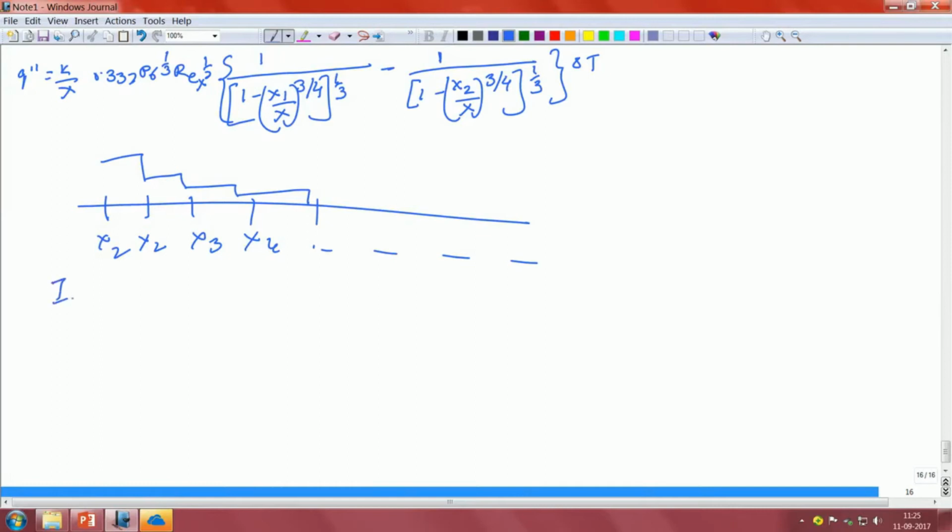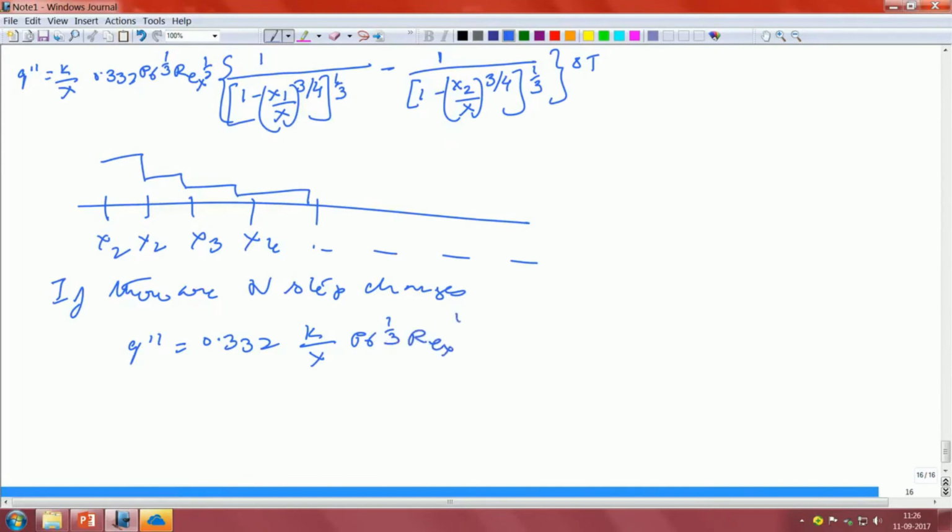So if there are n step changes, it becomes a summation now, okay, i equal to 1 to n, delta Ti, 1 minus xi by x to the power of 3/4, all raised to the power of 1/3, okay.